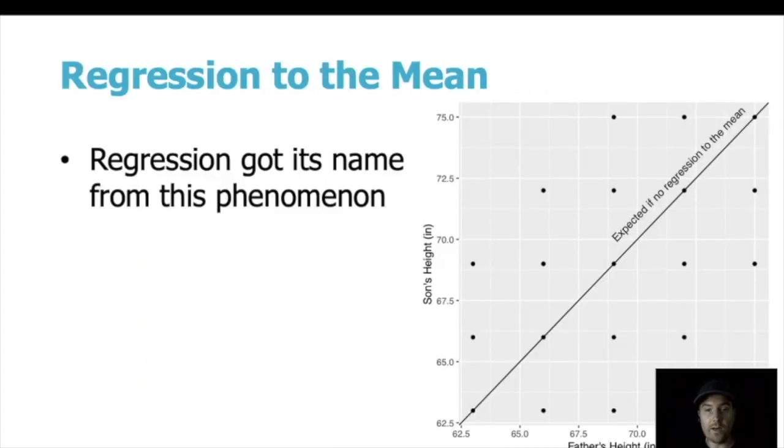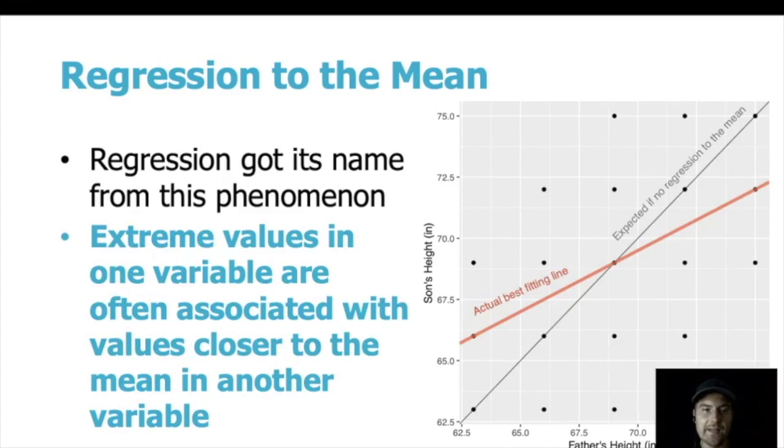Really, one more thing about regression. Regression got its name from what's called regression to the mean. It's a phenomenon that exists in just about everything. It's the idea that extreme values in one variable are often associated with values closer to the mean in another variable.